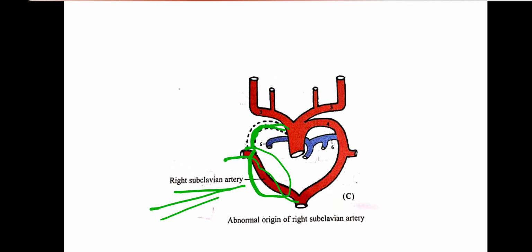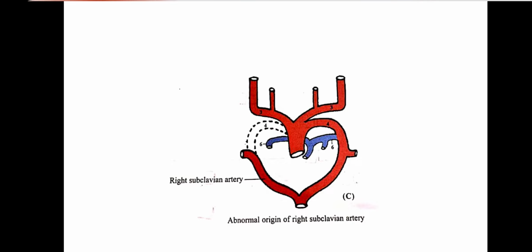Now, imagine here is your esophagus, pharynx. If the right dorsal aorta is going to persist, there are chances of compression of the pharynx. Yes or no?